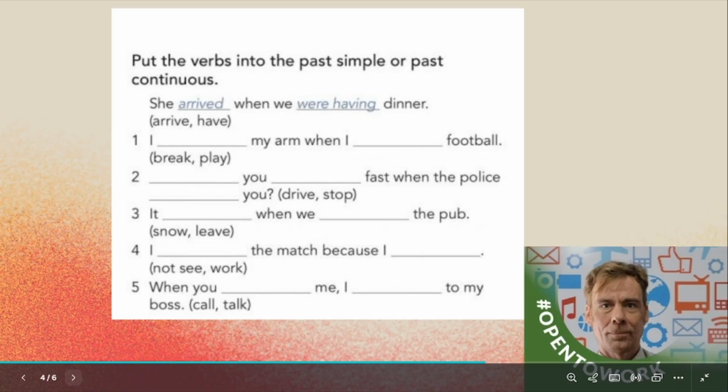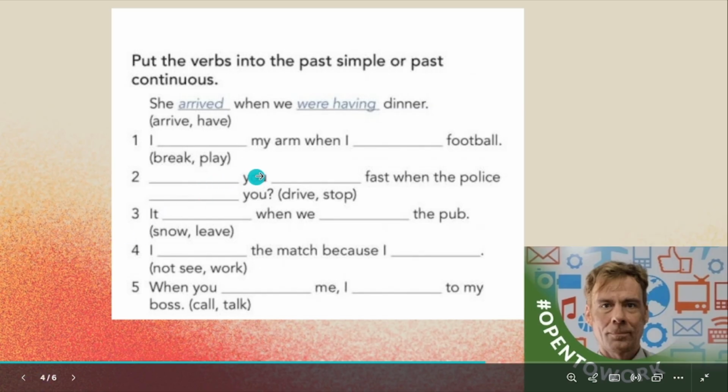To arrive or to have dinner? From the perspective of the speaker here, it would be arrive. That's a very short action. So that's the simple past. She arrived when we, this is the past continuous because it's the longer action. So the verb is were and the ing verb form. When we were having dinner.